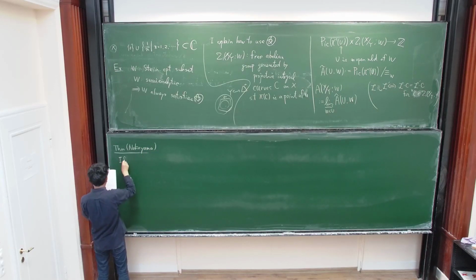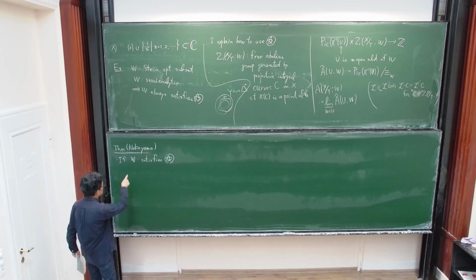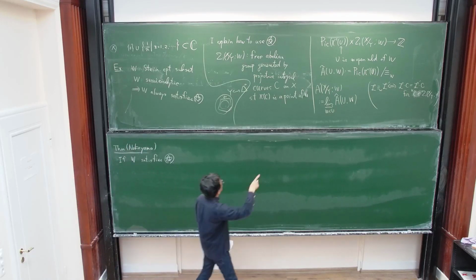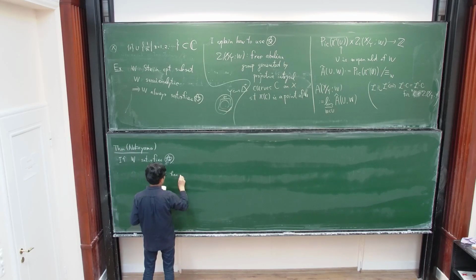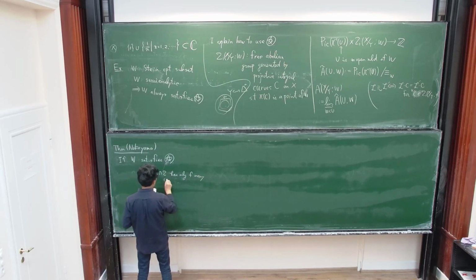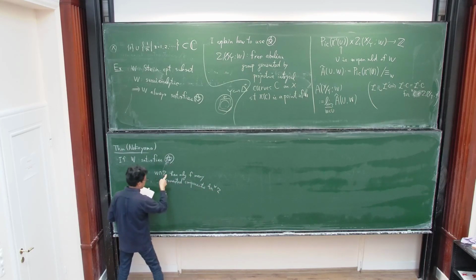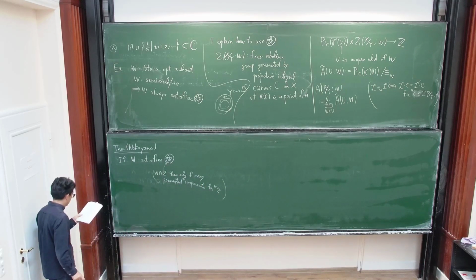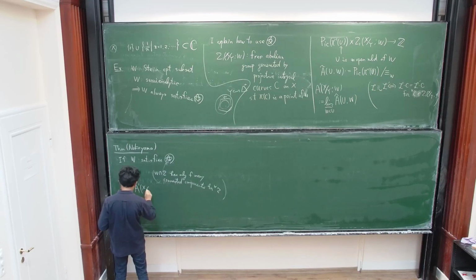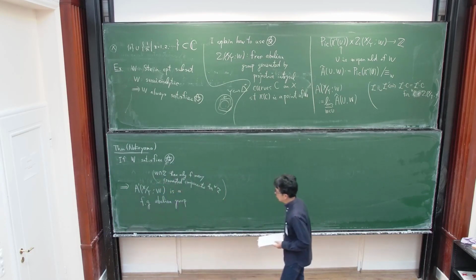If W satisfies star, in this theorem W is not necessarily compact, we only assume W satisfies condition star, that is, W intersect Z has only finitely many connected components for any analytic subset Z defined over some neighborhood of W. Then A1 X over Y W is a finitely generated abelian group. This is a very important result.